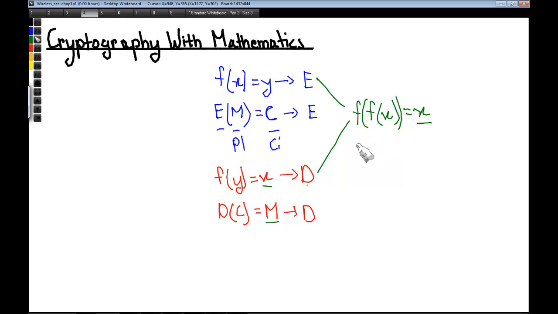In its own terms, this simply means that we put the value of C into the function D, D(C) = M.